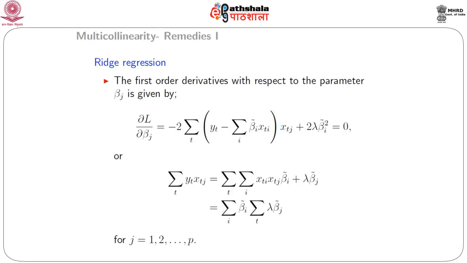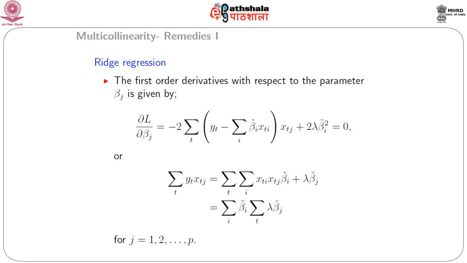So we have summation t y t times x t j equals summation t summation i x t i x t j beta i tilde plus lambda times beta tilde j, for all j equals 1, 2 to p.